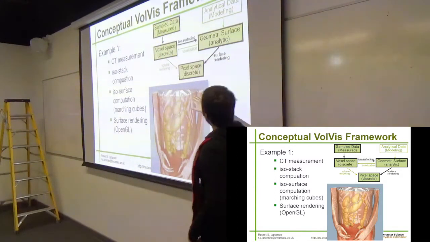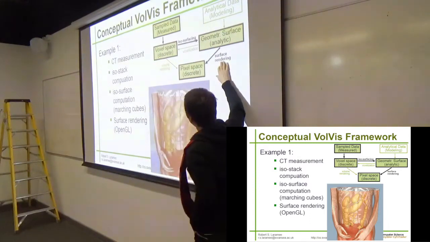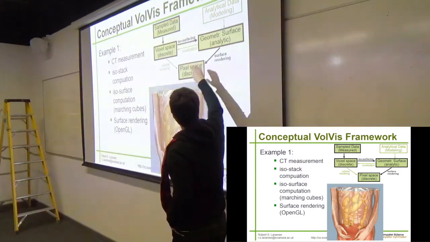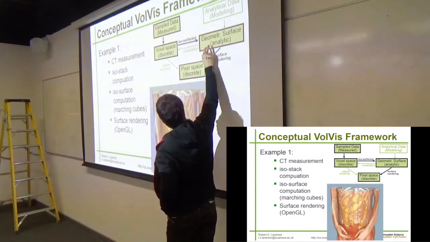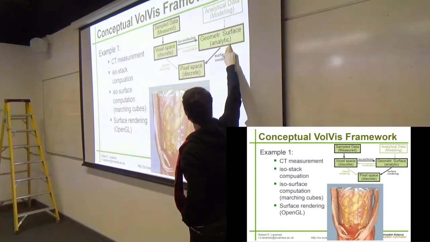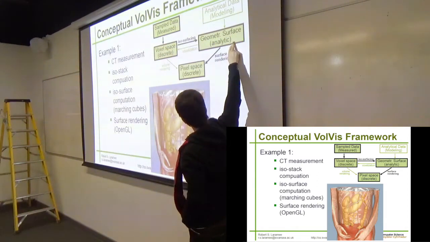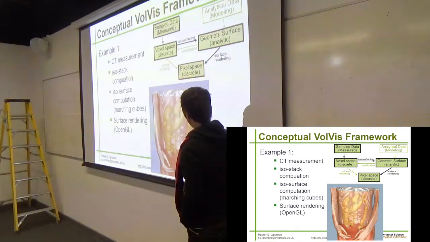And then rendering it using either volume rendering or surface rendering. In this case, somebody has decided to compute isosurfaces, which we haven't discussed yet, and then render those surfaces to 2D space.